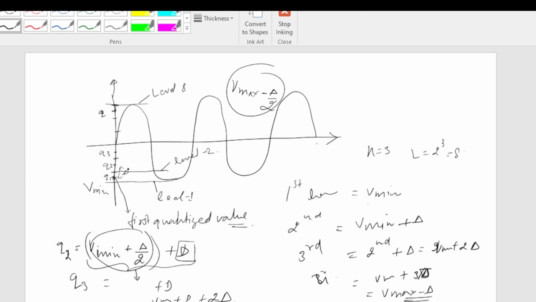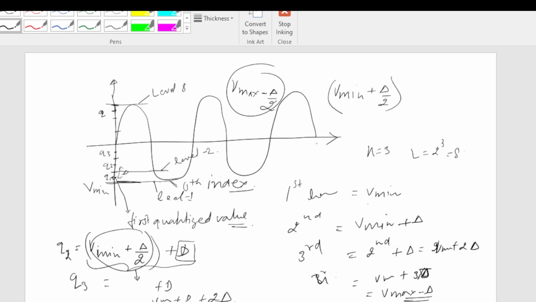If the quantized value is given, for example, if the index is given, for example this one is the 0th level, this is the 0th index, right? So we can write V minimum plus delta by 2.